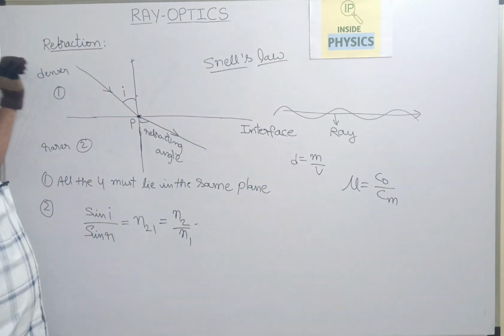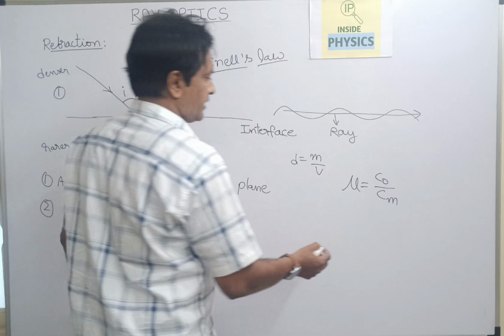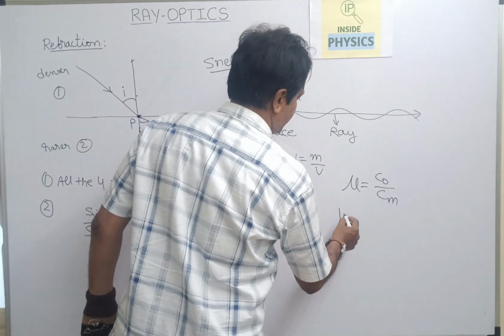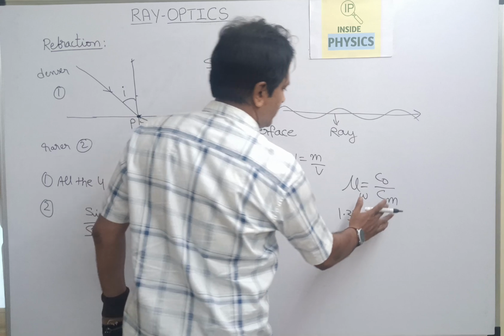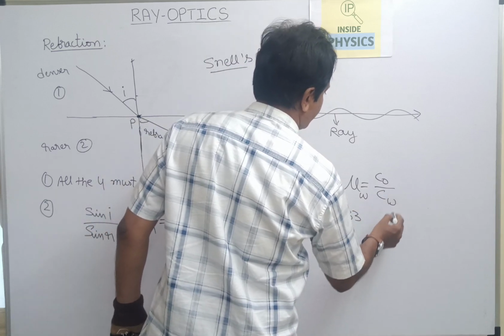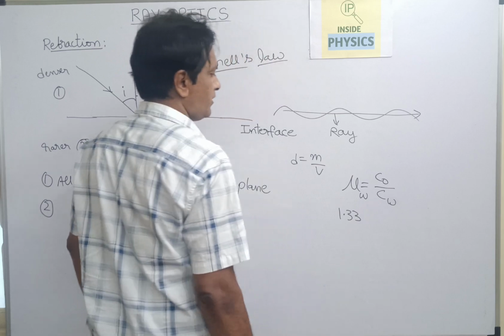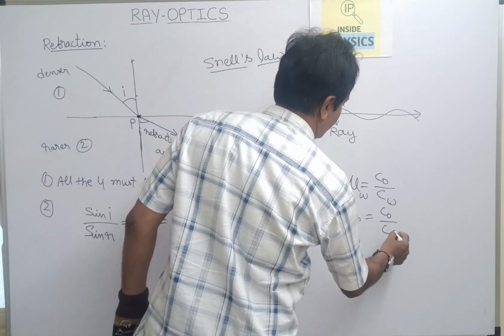That means we are considering the speed of light and comparing it with the other medium. For example, say the refractive index is 1.33 for water and the speed of light in water is Cw. We can write it as c naught by Cw.